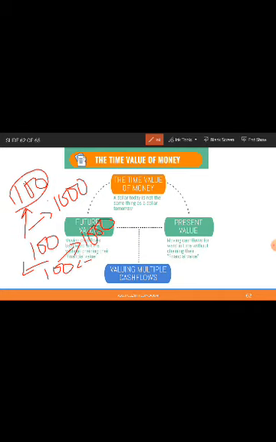So cumulatively, after completion of 3 years, your earning is 100 plus 100 plus 100, that is 300.